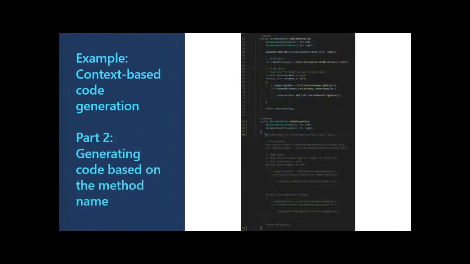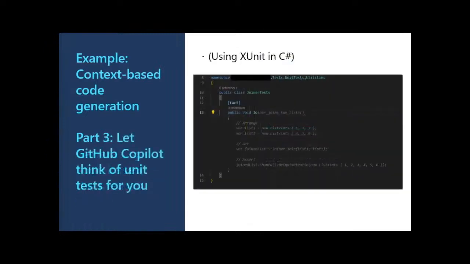Has comments. But now I wanted to create a get unique union method. And with just what I wrote for get intersection, it already generates it in the same style. And it works. And if you're not sure if it works, well, I'm going to use xUnit for my unit tests.